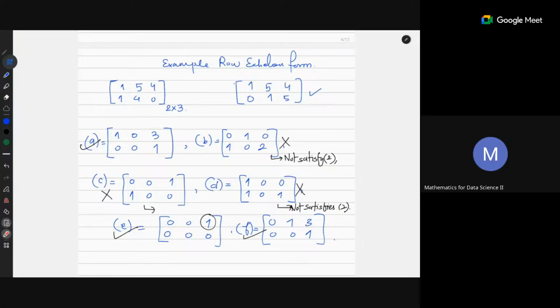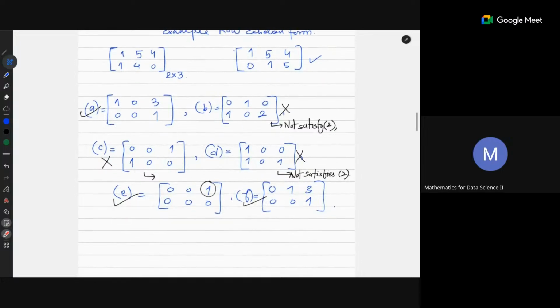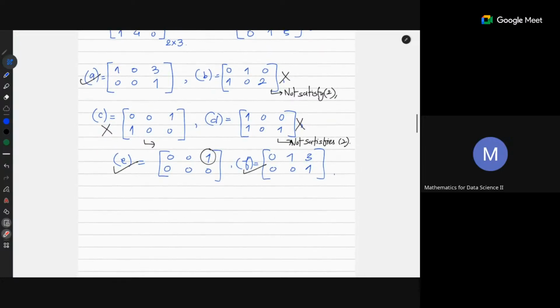All other entries should be zero. So in that case, A will not be in reduced row echelon form, but E is, and only E will be in reduced row echelon form.